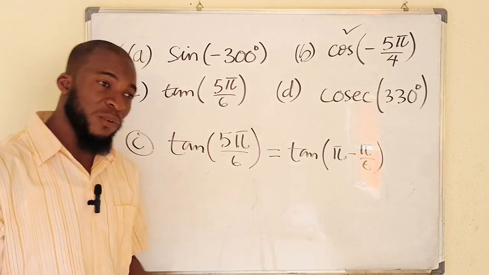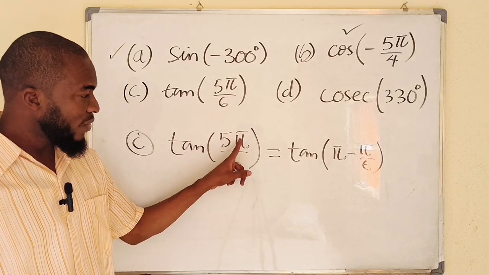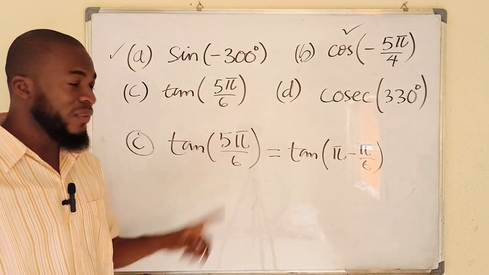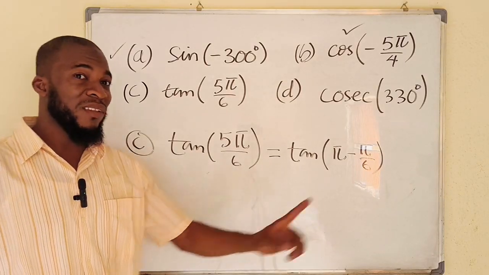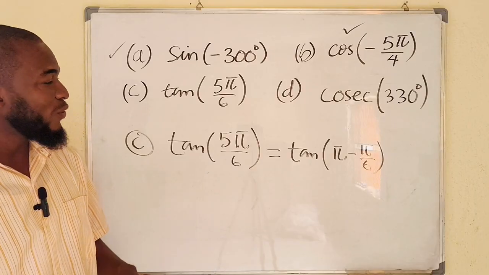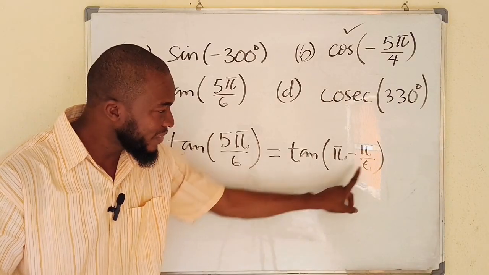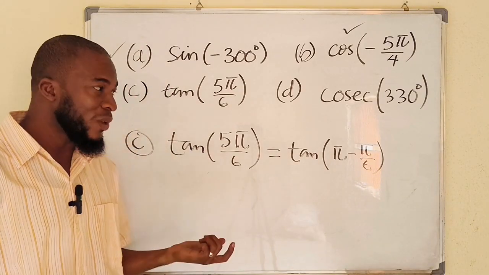If you didn't master radians, you can say 180 divided by 6 is 30, and 30 times 5 is 150. And 150 is in the second quadrant, less than 180 degrees. So I know it will be 30 degrees less than 180, because 150 is 30 degrees less than 180.